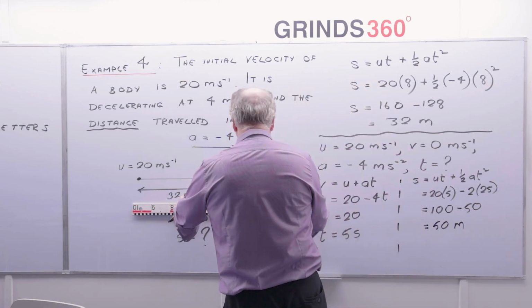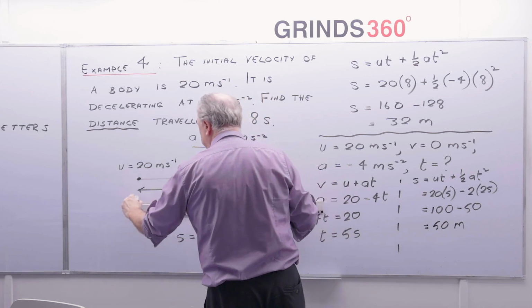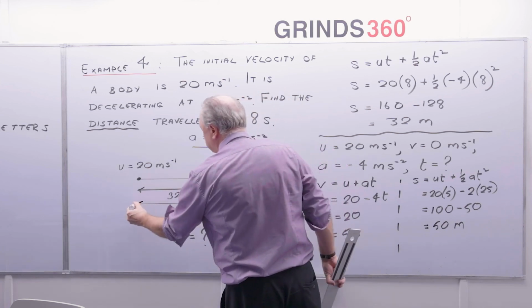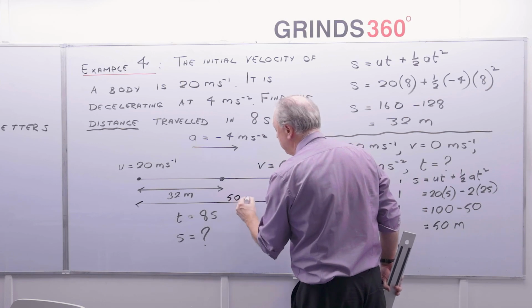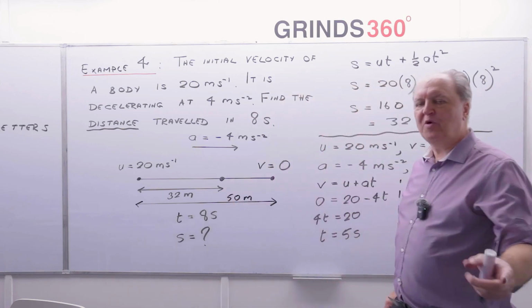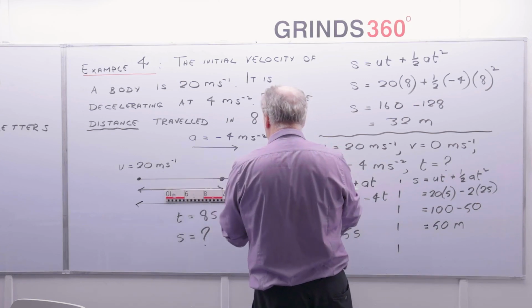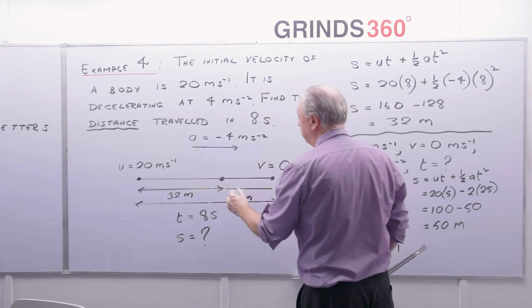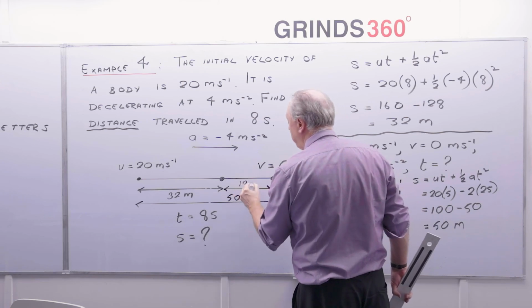This total distance after 5 seconds, from start to when I stopped, that distance there, that's 50 meters. Now you can work out this distance here. That distance there will be 18 meters.